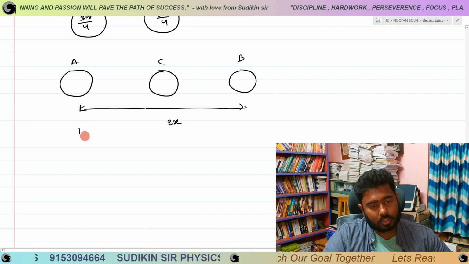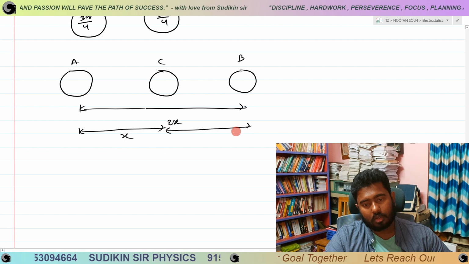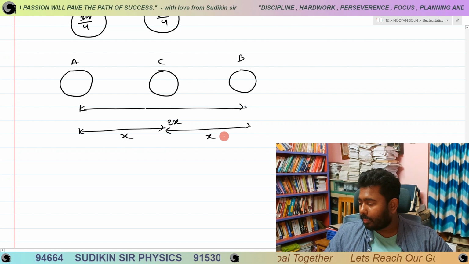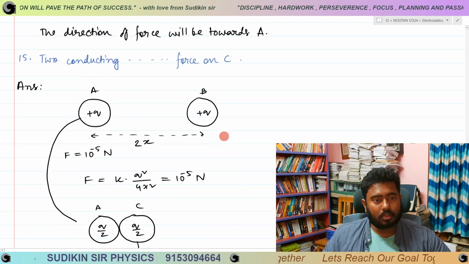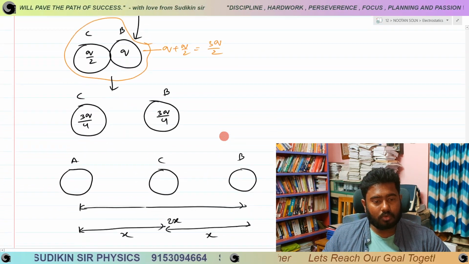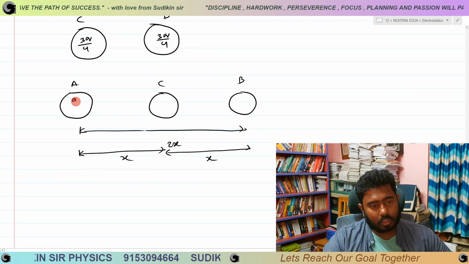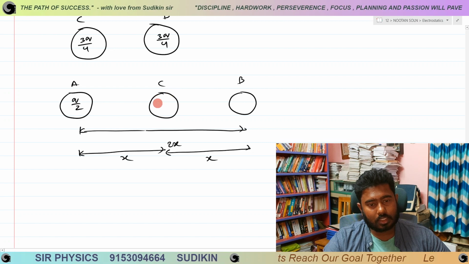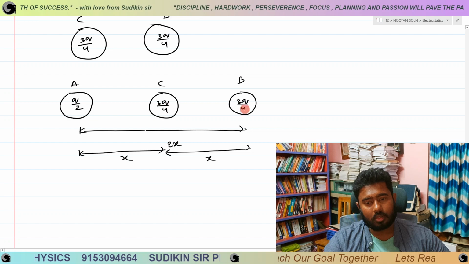So from A to C will be x, and from C to B will also be x. Now the charges on them are: A has become q by 2, C has become 3q by 4, and B has become 3q by 4.